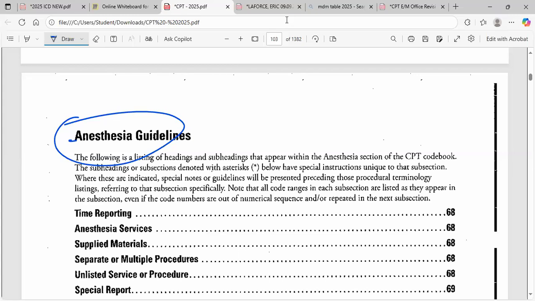So before proceeding with the anesthesia guidelines, let's learn about anesthesia a little bit. Then we will move to the anesthesia guidelines. So let me pull the guidelines here.